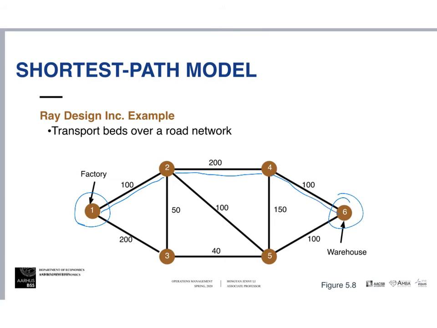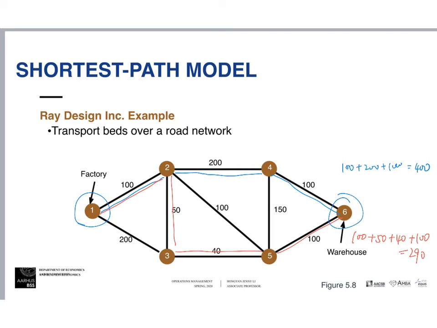The total distance is 100 plus 200 plus 100, so this is 400. Of course, they can also take another route. For example, they go from 1 to 2, then to 3, then to 5, then to 6. Then they go through 100 plus 50 plus 40 plus 100 equals 290 kilometers.